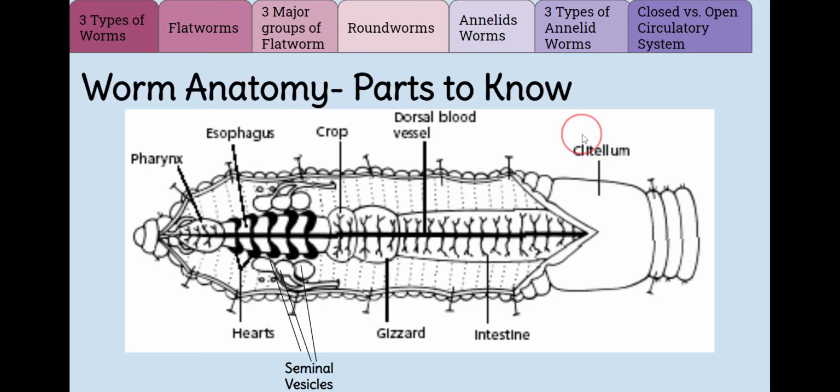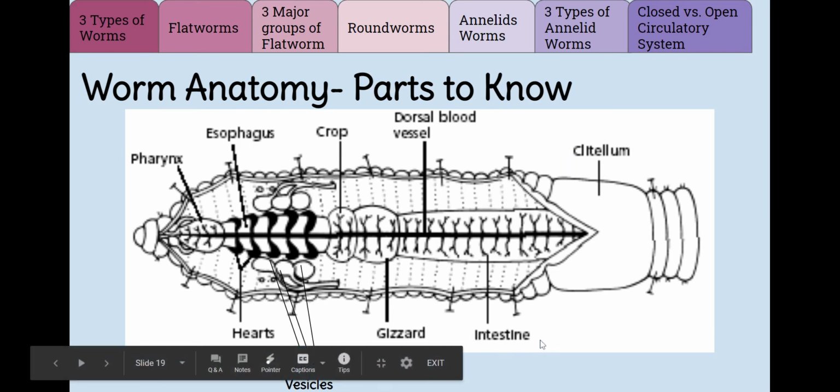All right, so that brings us to the worm anatomy. So when we do our dissections, this is what you're going to create here. You're going to create an opening of your worm, and you're going to try to identify these main parts. And your teachers are going to cover this more.